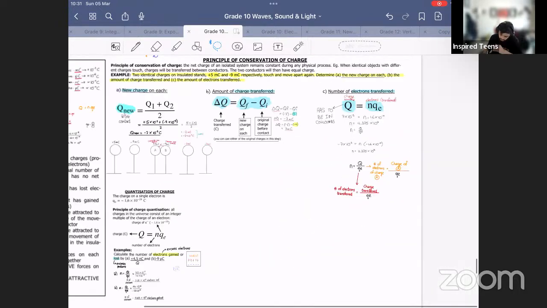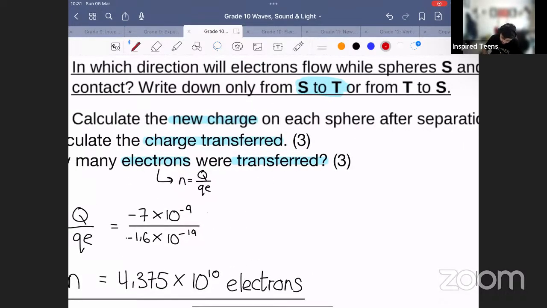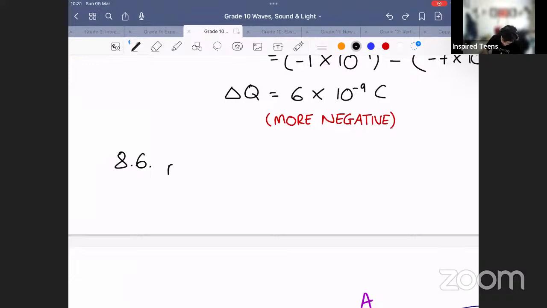Okay, so in this case, they want to know the electrons transferred. So in order to get electrons transferred, I need to know the charge transferred. Okay, so now I'm going to use N is equal to Q over QE.